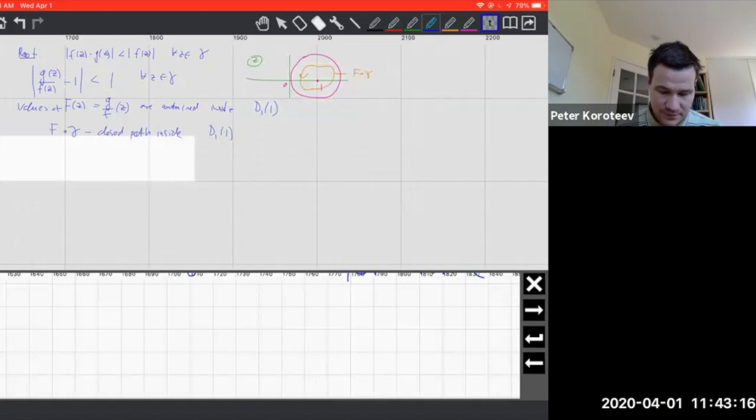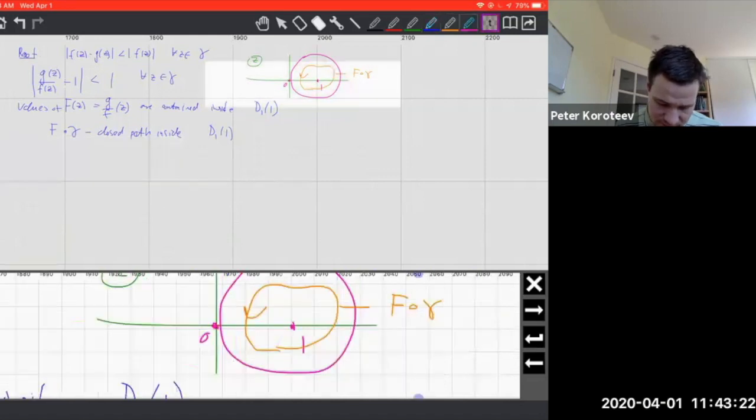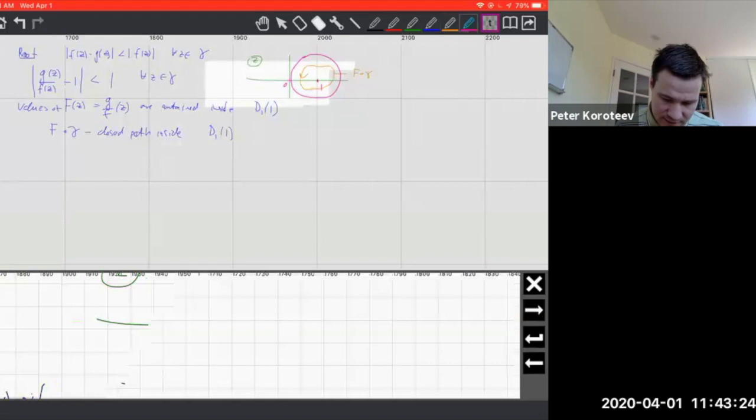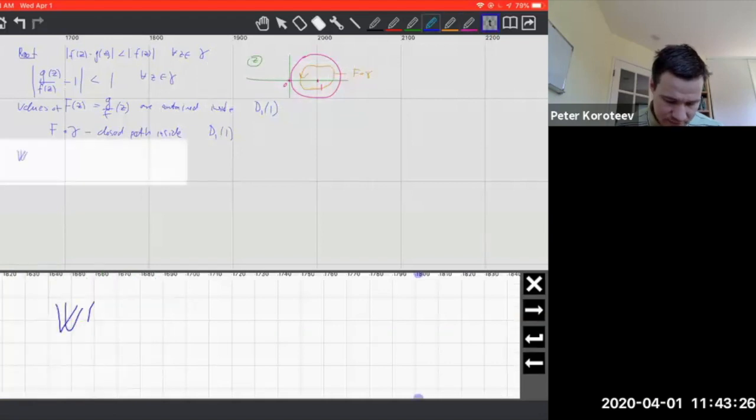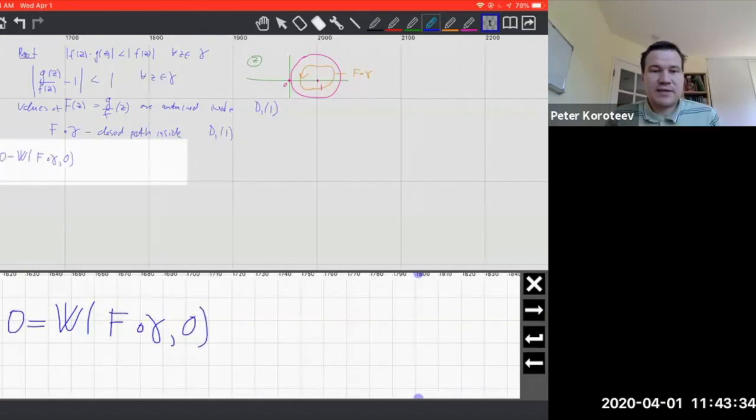So if you look at the point 0, the origin of the coordinate system here, then the winding number of this path relative to 0 has to be 0, because 0 is outside of this path.